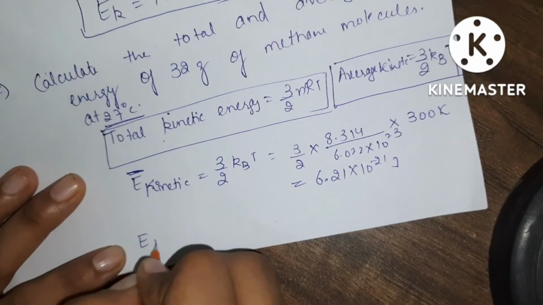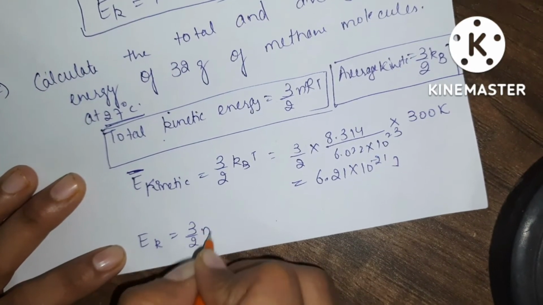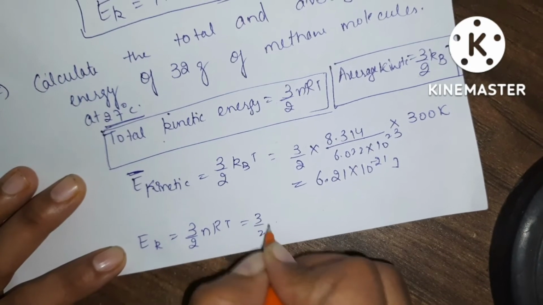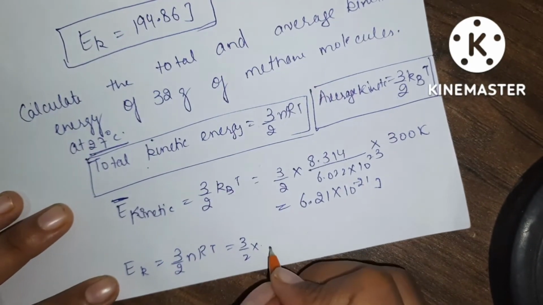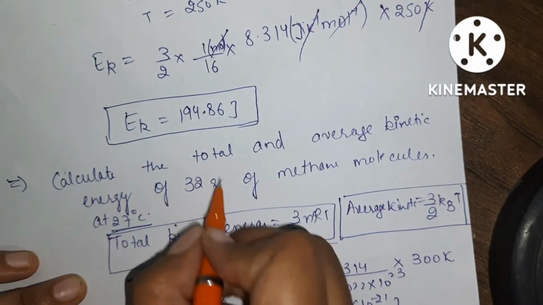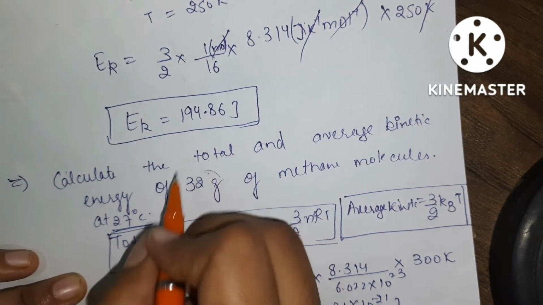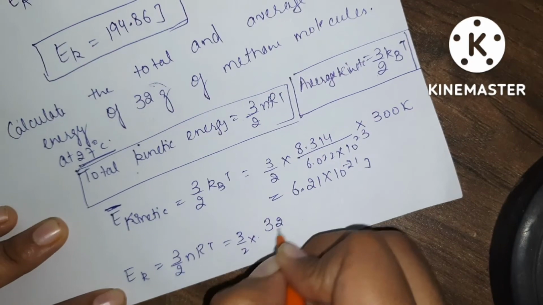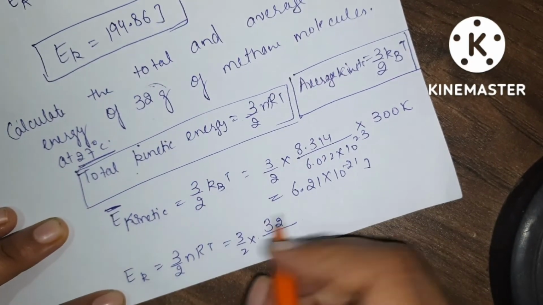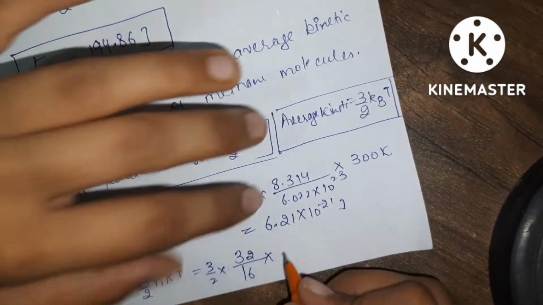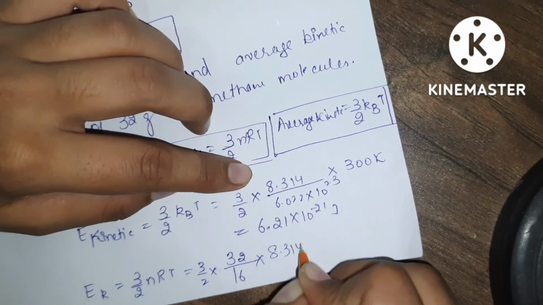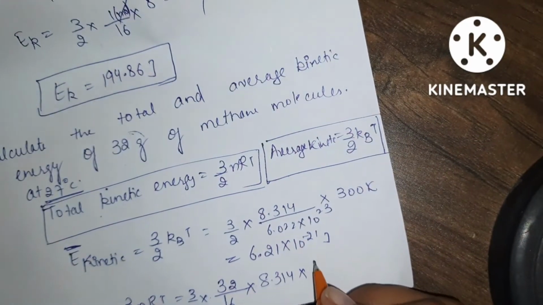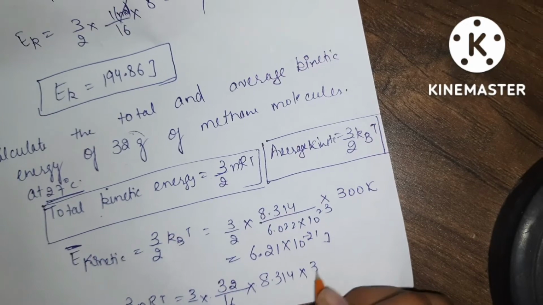Now the total kinetic energy is 3 by 2 nRT. 3 by 2 into n, for the methane molecule, that is given mass divided by molar mass. Molar mass of methane is 16, into R 8.314, into temperature in Kelvin, 300 Kelvin.